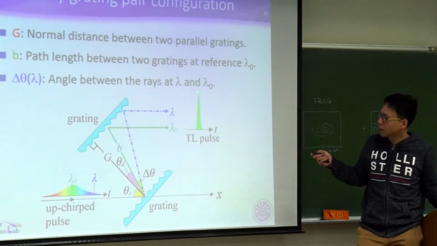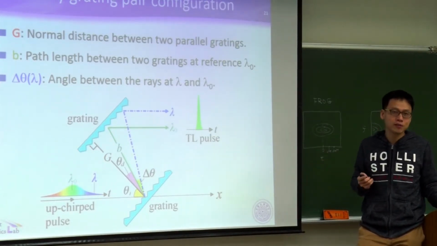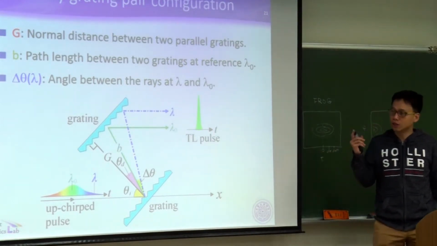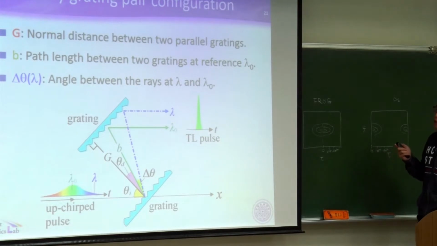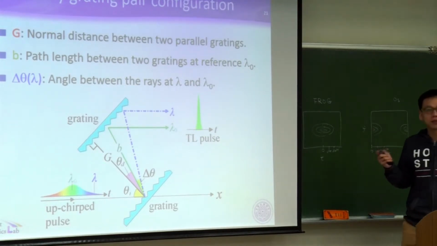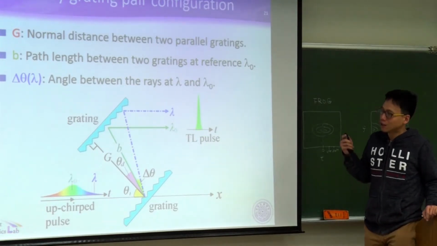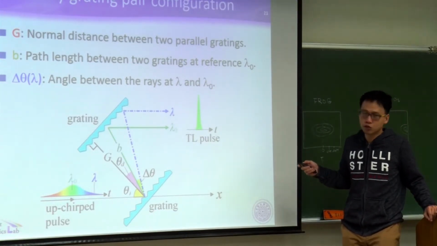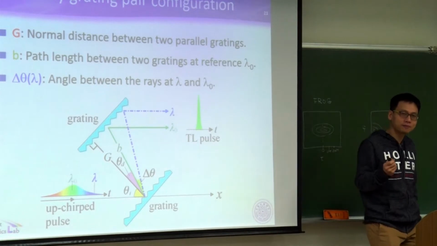So in the time domain, you have a short pulse, the shortest pulse, or transform limited pulse. So in this sense, the grating pair can be used as a pulse compressor, okay? Compressing your upchirped input pulse to a transform limited output pulse.